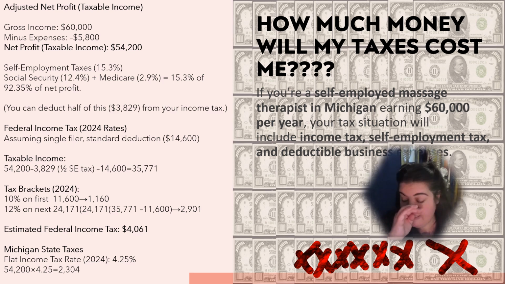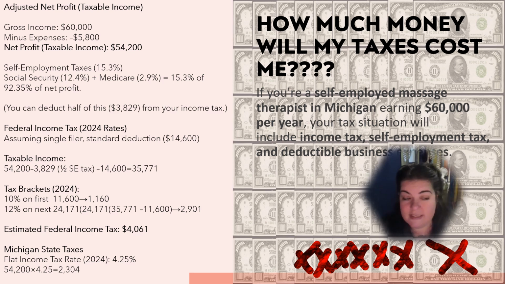So your estimated federal income tax that you'll need to be paying is going to be $4,061. Okay, so this is what you need to pay to the federal government, starting from that $60,000, taking out your expenses, taking out your deductions. This is what you end up with.